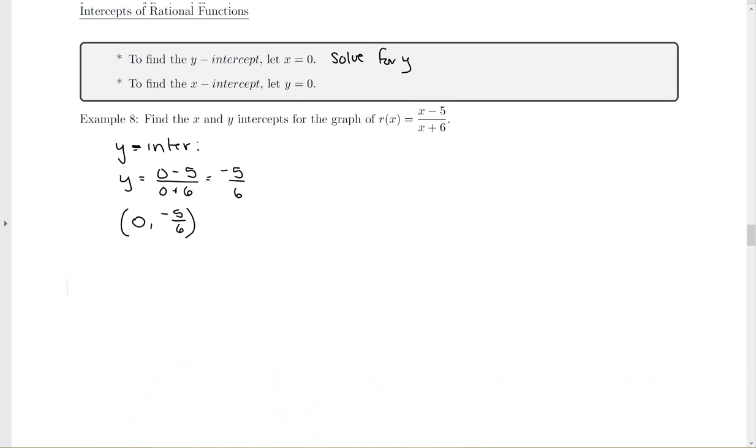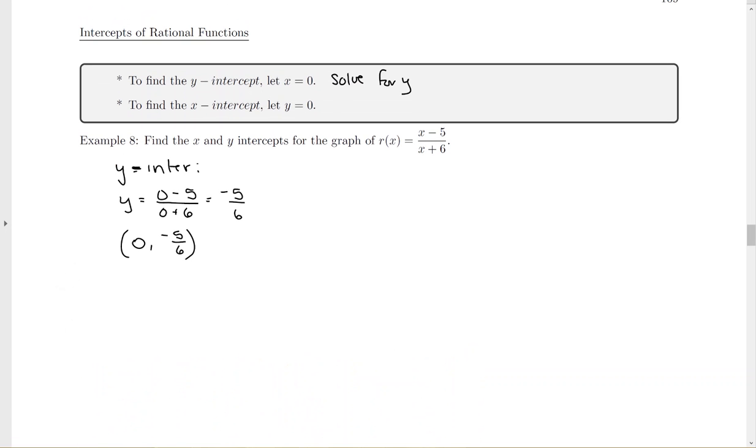All right, coming back up here to find the x-intercept, or the zeros of the function. That's another way of looking at it, because we've talked about zeros when we talked about polynomials. You're going to let y equal 0, and then solve. All right, so if I let y equal 0, I'm going to have to do a little bit of algebra here. I've got 0 equals x minus 5 over x plus 6.